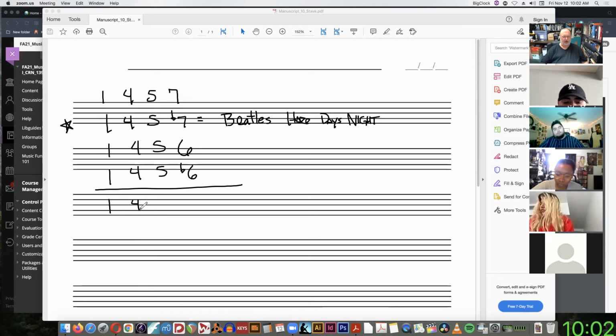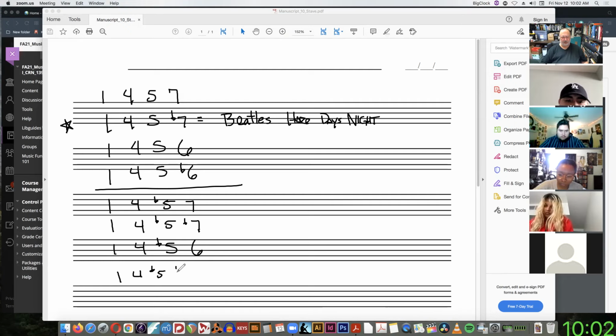1, 4, flat 5, 7, 1, 4, flat 5, flat 7, 1, 4, flat 5, 6, and then here we got again a chord that's not a thing because 1, 4, flat 5.